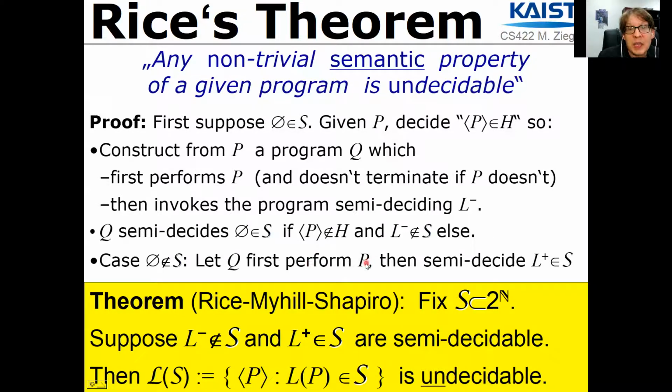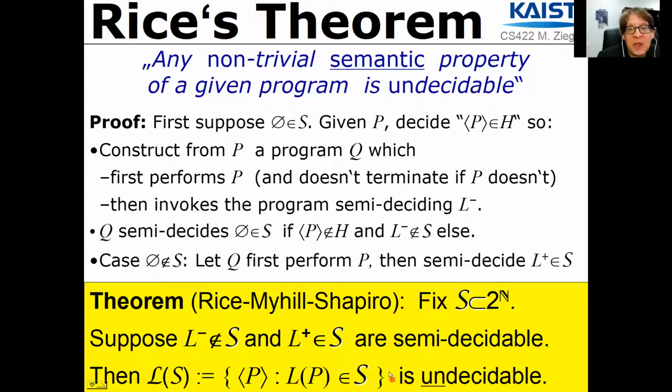Whereas if program P does not terminate, then the new program Q does not terminate either, which means the new program Q semi-decides the empty set, which does not belong to S, so that the answer here is negative.